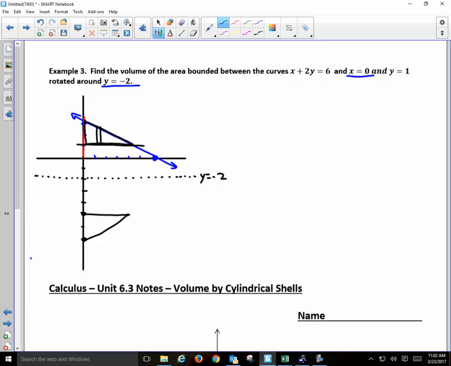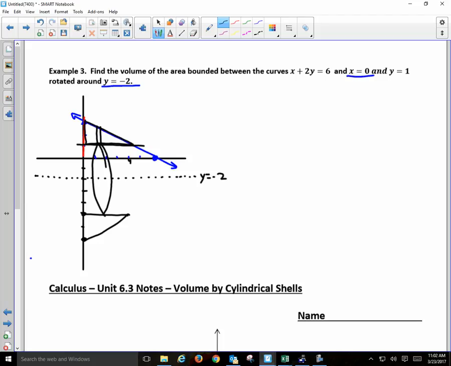Well, same thing. This point is going to be located at an x value of 4. It's just going to be 3 units below the axis of rotation. So I'm going to rotate this around.